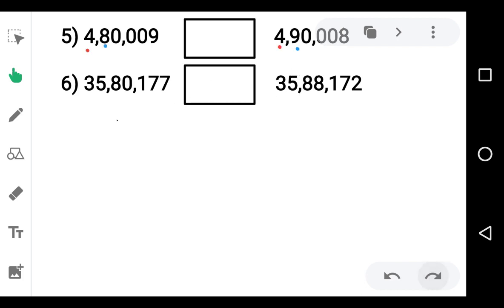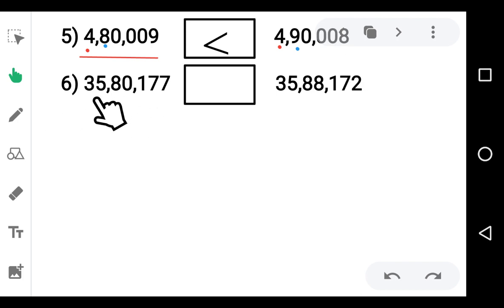So this number is a smaller number because 8 is smaller than 9. Here we use the sign smaller than and we read it as 4,80,009 is smaller than 4,90,008. Now see the next one.